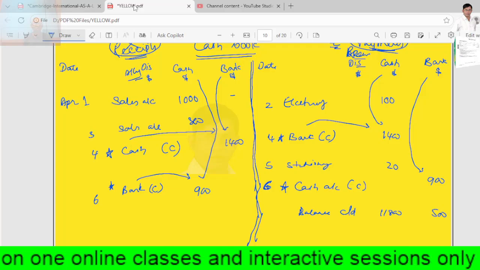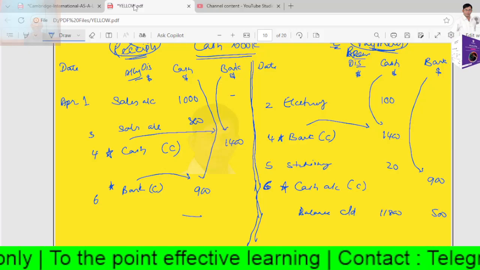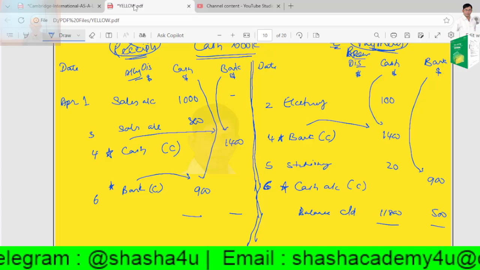Now the total on both sides should be the same.